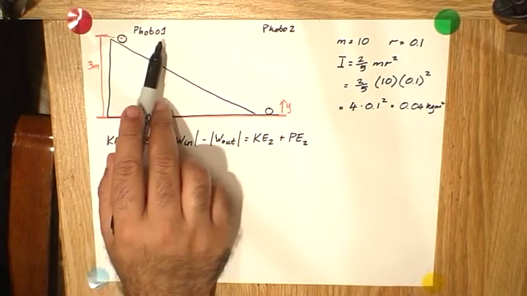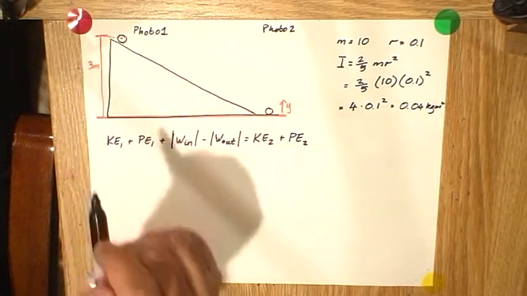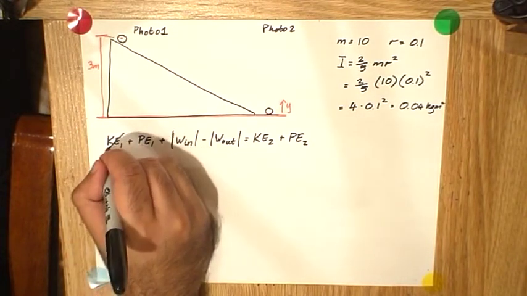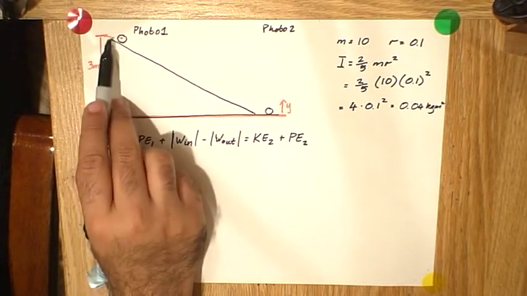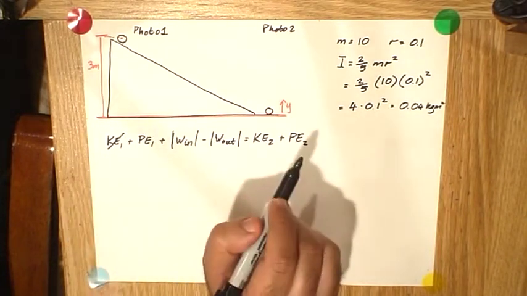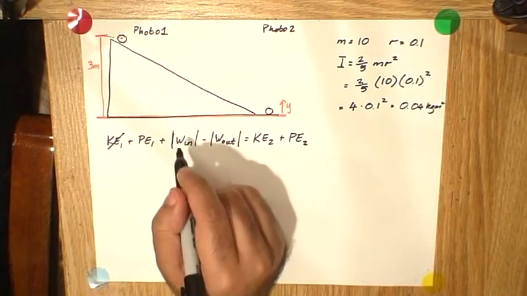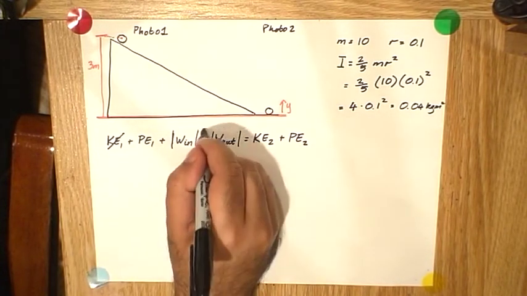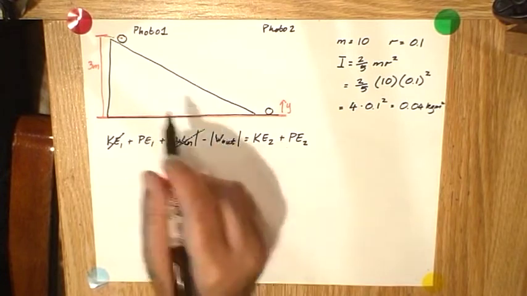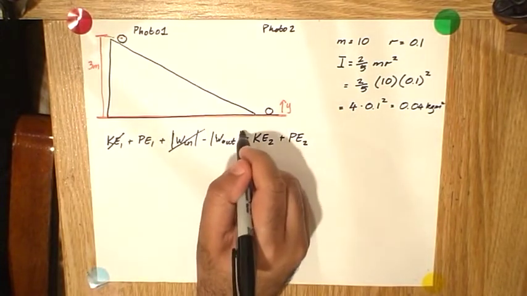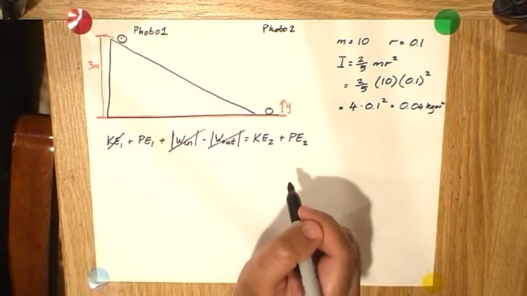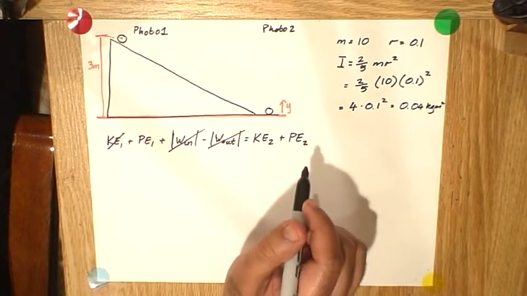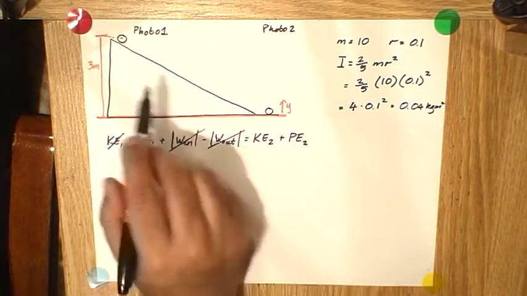So, in photo 1, the ball is not moving. There's no KE1. But there is PE1 because it's starting from above my x-axis. So we need to keep this term. Work in, there's no work in, the ball is not wearing a jetpack. Work out, there's no friction in this question. So we don't need to worry about work out. More correctly, I should say that there's no energy lost to friction in this question.